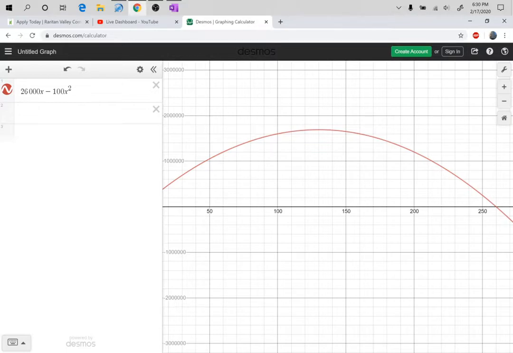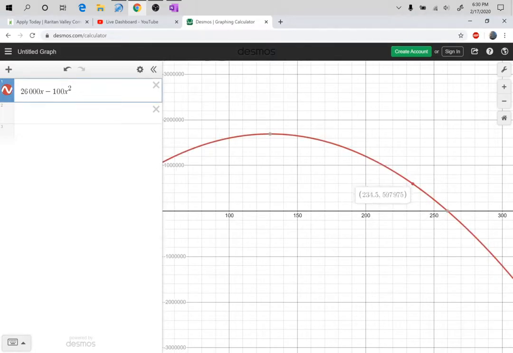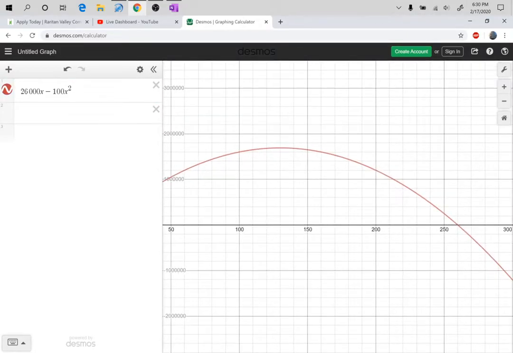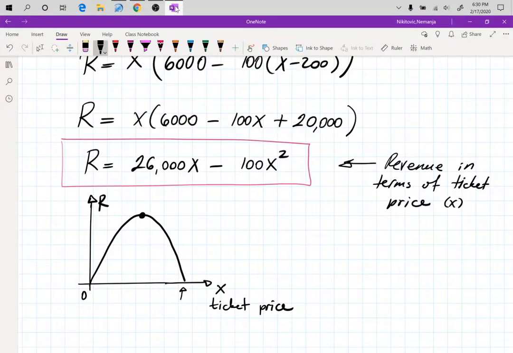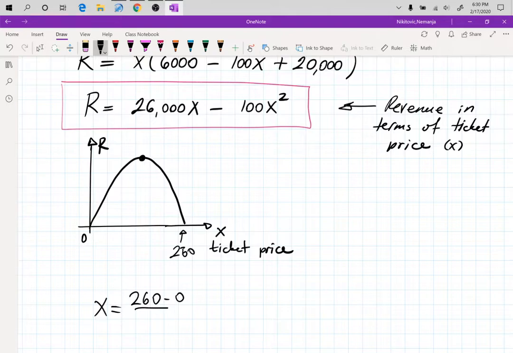So what do we have here? Over here, this point is going through 260. So we are going to average now. That's a 260 right there. So x is equal to 260 minus 0 divided by 2, which is 130.